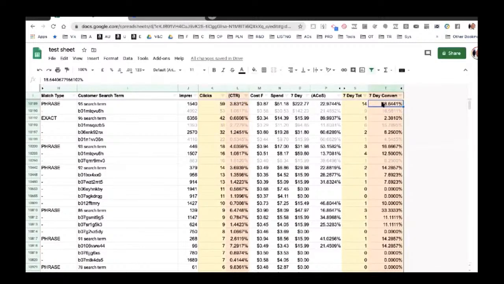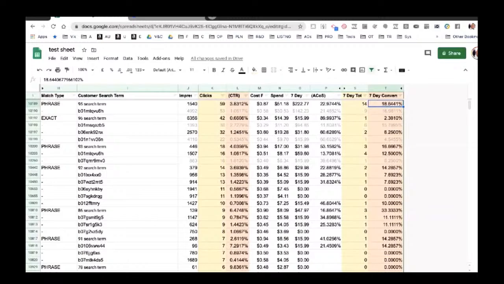When you advertise on a keyword, you will see how many people saw the ad and how many clicked the ad. So that's the click-through rate, the percentage of people who saw it and clicked. And then you will see how much you spent on that keyword, and how many people bought that product and what the conversion rate is.